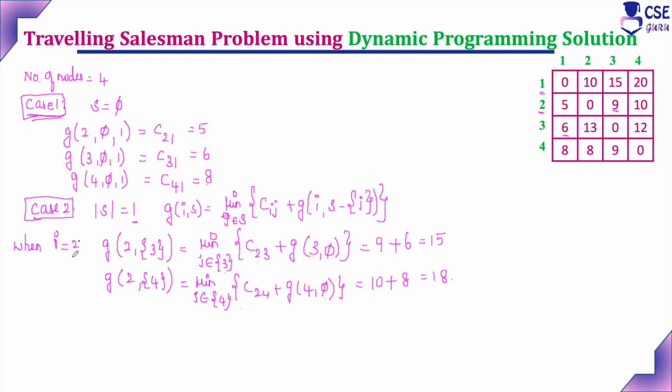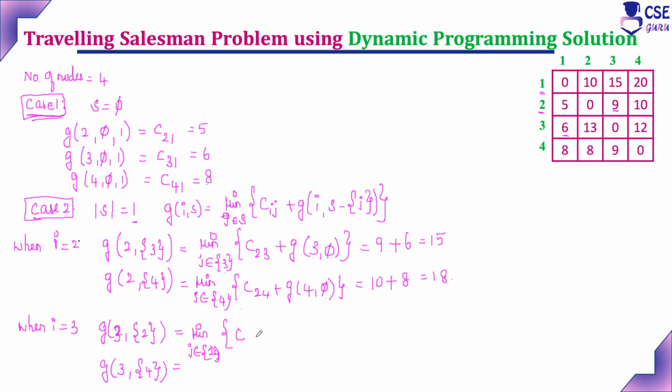Next, if you are considering the ith vertex as 3, it may be G of 3, 2. The current vertex is 3. After visiting 3, you can visit 2, or otherwise you can visit 4. Only 2 other choices, so for both choices we need to find the cost. Here, minimum of J belongs to the next vertex to be visited, which is 2.